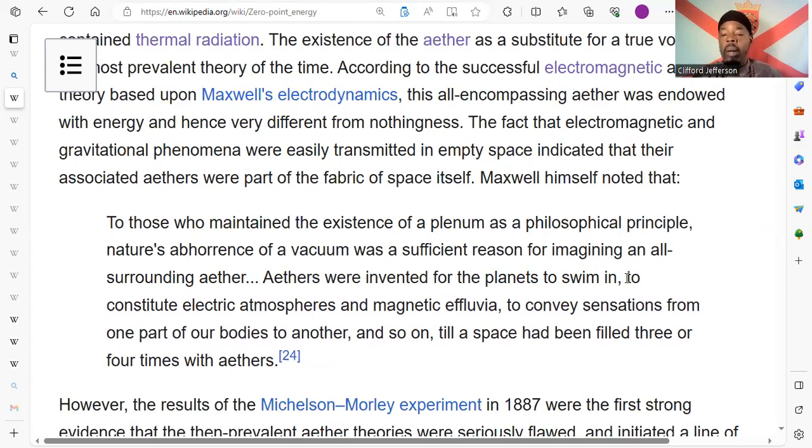Imagining, mental imaging, all right, mental imaging in all surrounding ethers. Ethers were invented for the planets to swim in, to constitute electric atmospheres and magnetic influence, to convey sensations from one part of our bodies to another, and so on, till a space has been filled three or four times with ether, i.e., manifold.